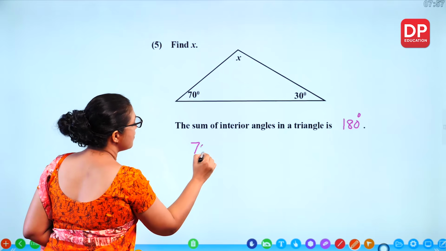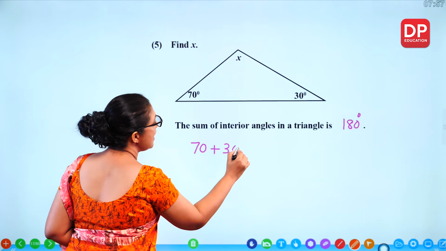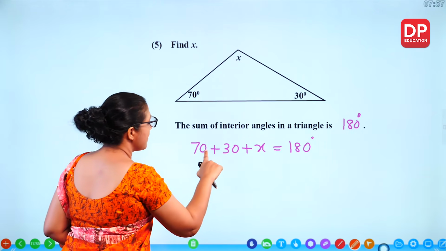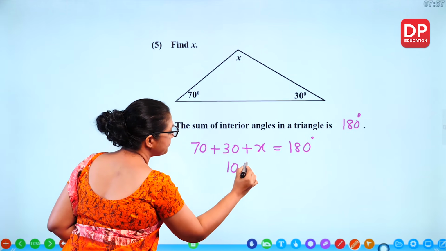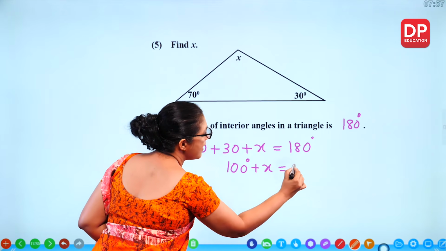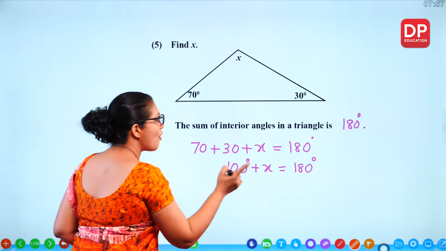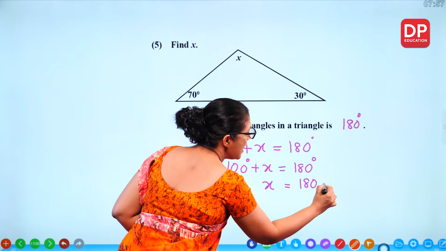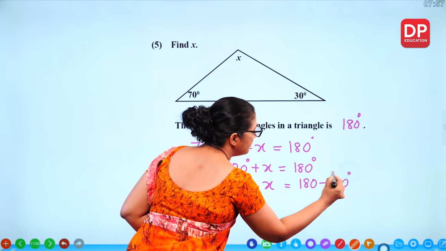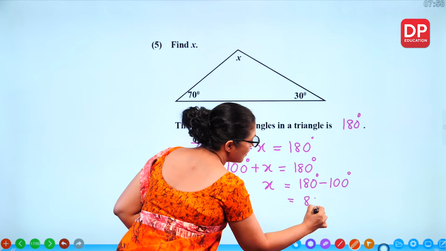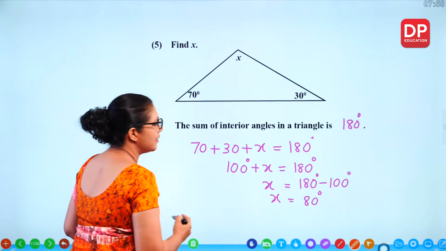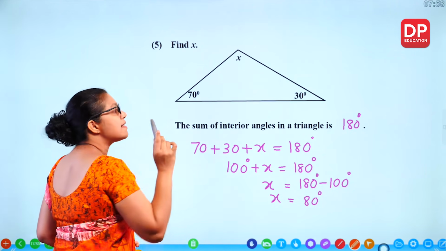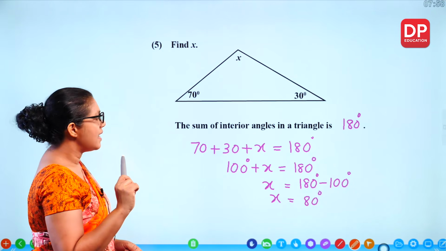We can write 70 plus 30 plus x is 180. 70 plus 30 is 100, plus x is 180. Subtract 100 from both sides. You get x equals 180 minus 100. So x is 80 because the sum of interior angles in a triangle is 180.